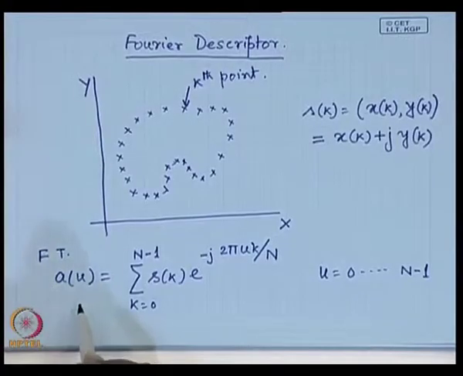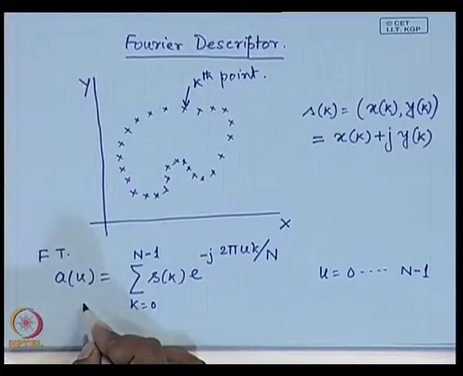Okay. However, we know that when I take a Fourier transformation, the higher order coefficients give us the detailed information of the pattern, and the lower order coefficients give us an average information of the pattern. Okay. So, it is possible that if I am not much interested in the higher order coefficients or much detailed information within the pattern, then I can truncate the vector.